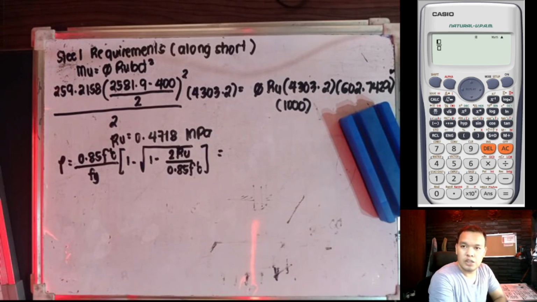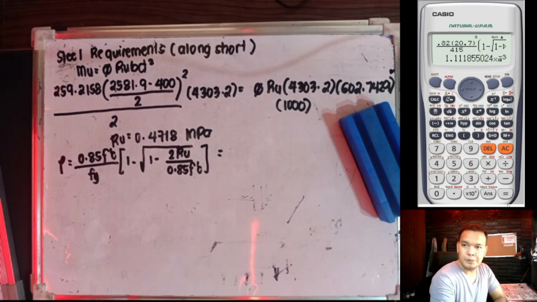So we have here 0.85 multiplied by F prime C, which is 20.7, all over Fy, which is 415, multiplied by 1 minus the square root of 1 minus 2 times the value of Ru, which is 0.4718 pala, all over 0.85 times 20.7, F prime C pala.